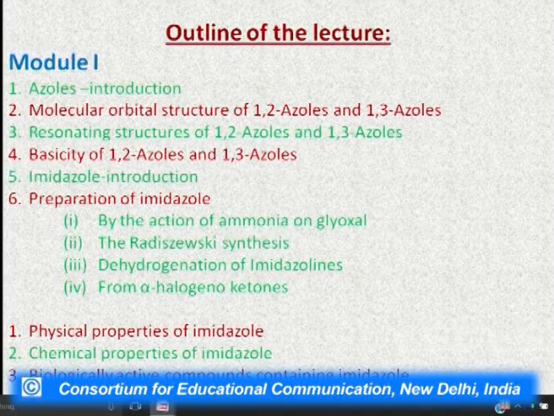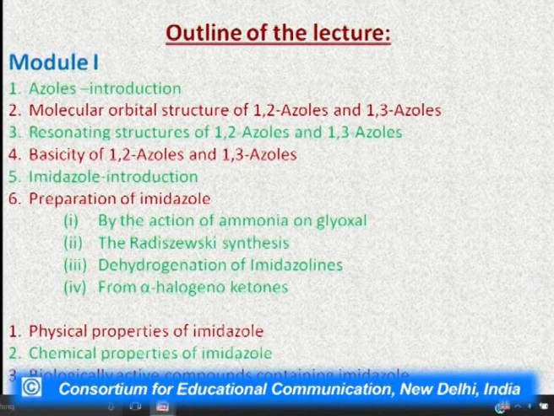So today we will discuss azoles introduction, molecular orbital structure of 1,2 and 1,3 azoles, then resonating structures of these 1,2 and 1,3 azoles, basicity of 1,2 and 1,3 azoles. Then we will do the individual members. One of them is imidazole.